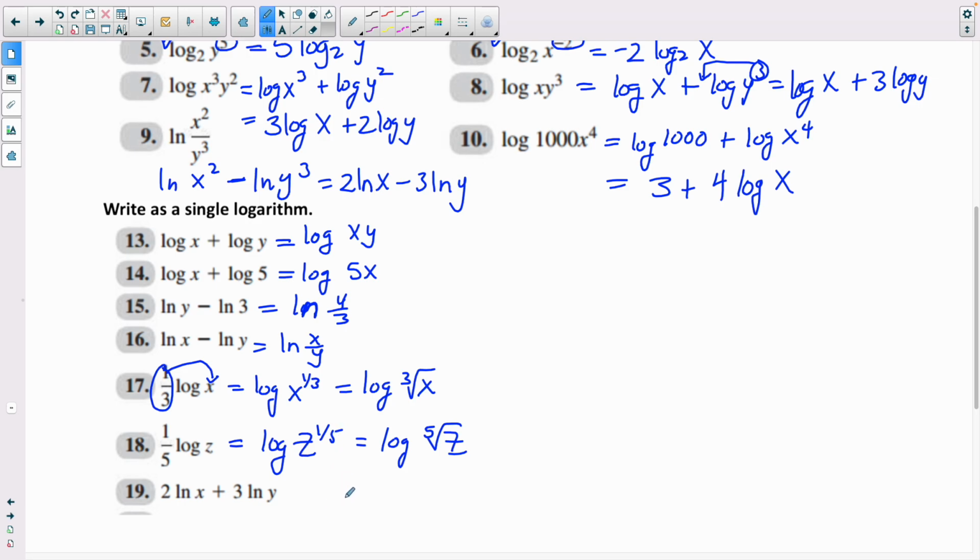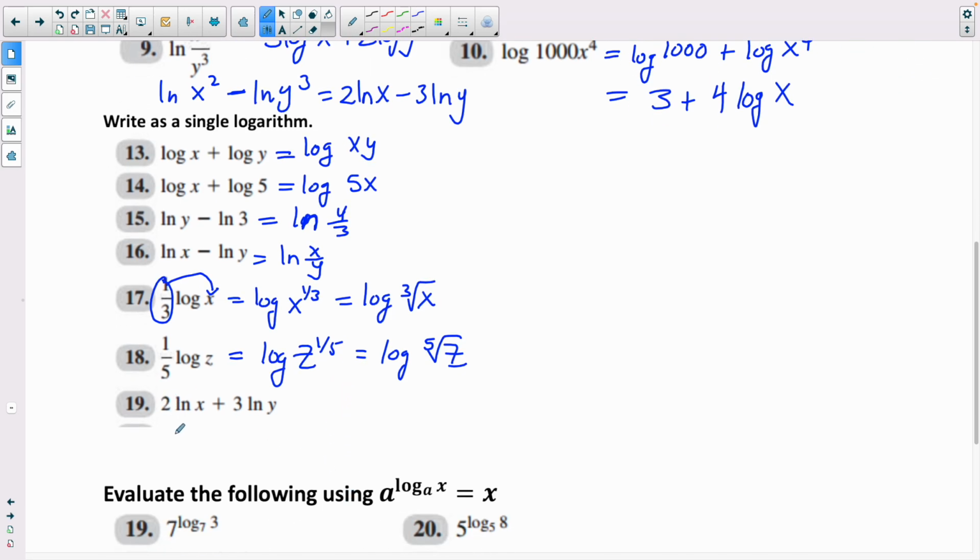Finally, 19, we have to start with exponents. So this is equal to ln x squared plus ln y cubed. Now we have the sum between two logarithms, so that becomes the product of the two arguments. And there we get natural log of x squared y cubed.